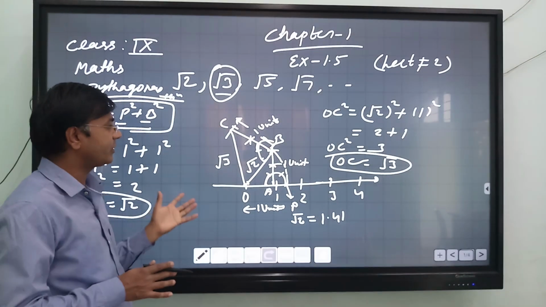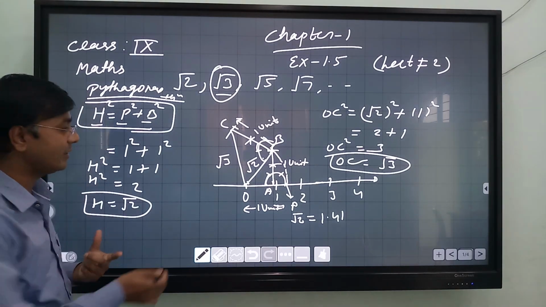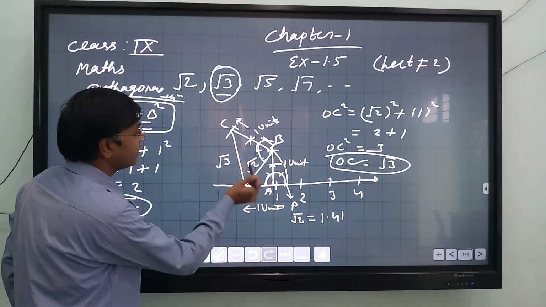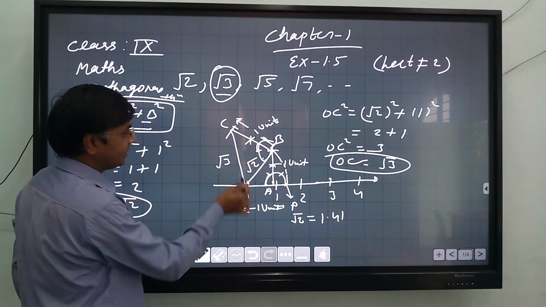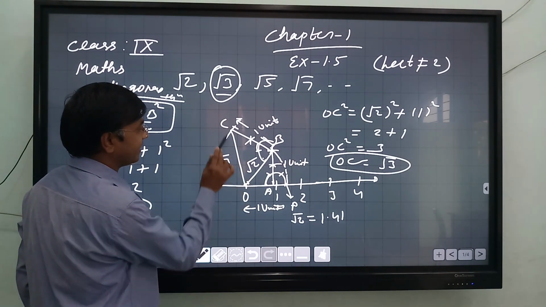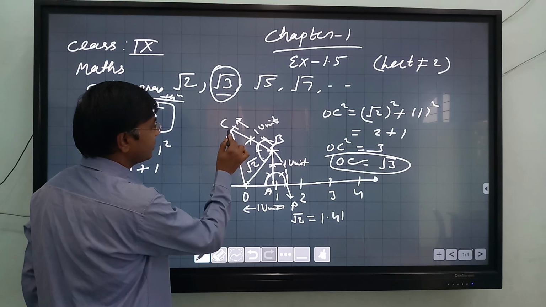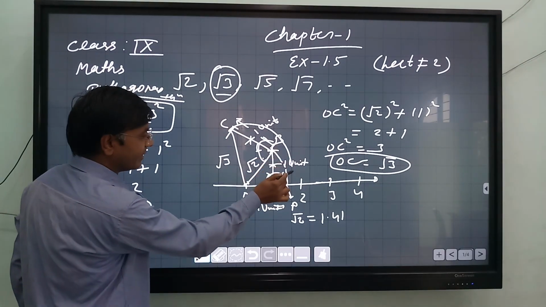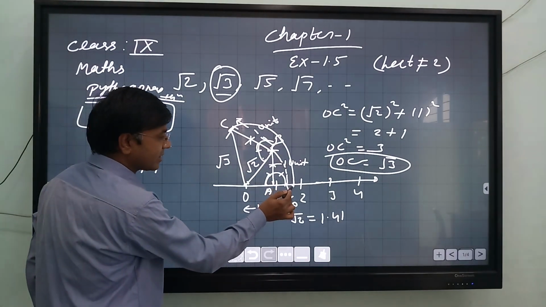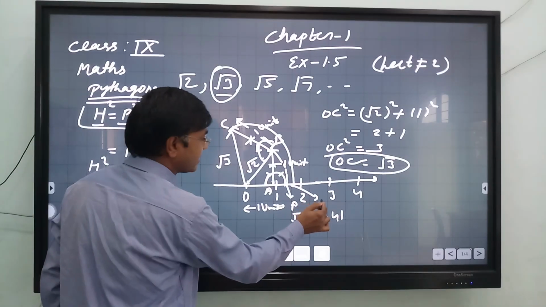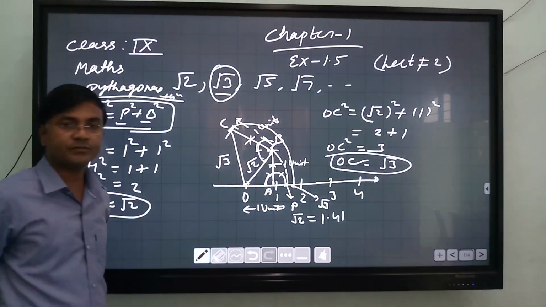This is how you can get so many square roots, and make sure this will look like a spiral. If you draw the arc again, to get this under root 3 value, take O as center and OC as radius, draw an arc, and it will come here. This is another point and this is the value of under root 3.